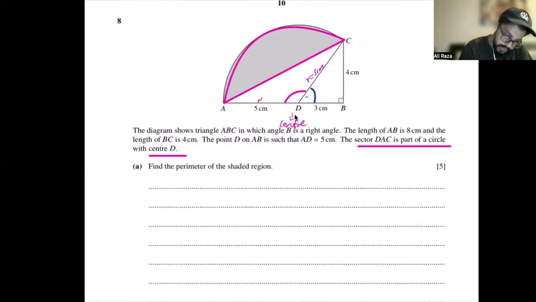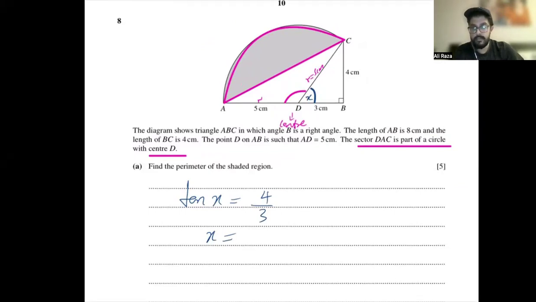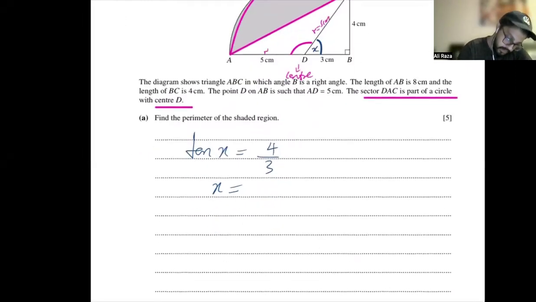So let's label this as X. So tan X in this case for the triangle BCD would give me 4 upon 3. And X would come out to be 0.927.